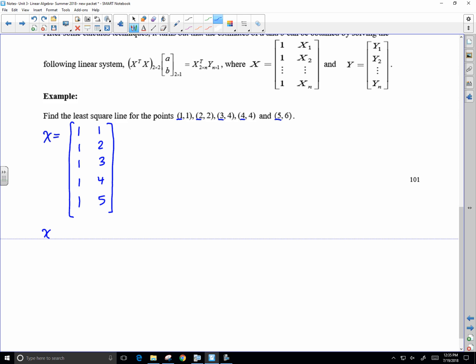I need the transpose of x, which is where row 1 or column 1 becomes row 1, and column 2 becomes row 2. Might as well, while I'm at it, state what y is, which is 1, 2, 4, 4, 6.